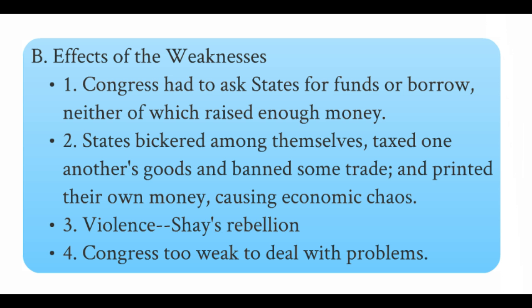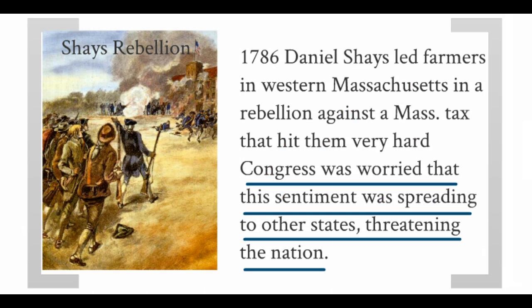Item number 3 is in the next slide. Shays' Rebellion is going to be the catalyst that leads to change. But the bottom line really is item number 4: Congress was in no position to deal with any of these problems that were occurring. Now, the Articles of Confederation government really did show its flaws very early on.